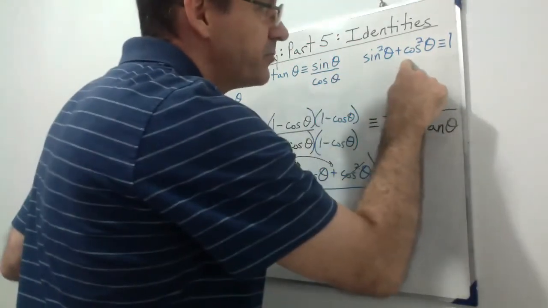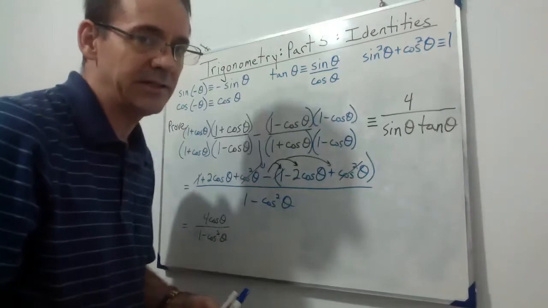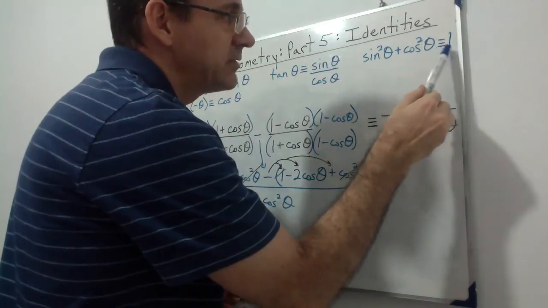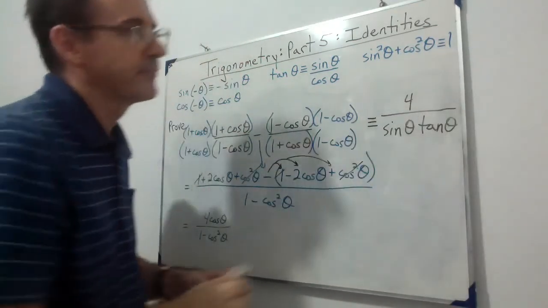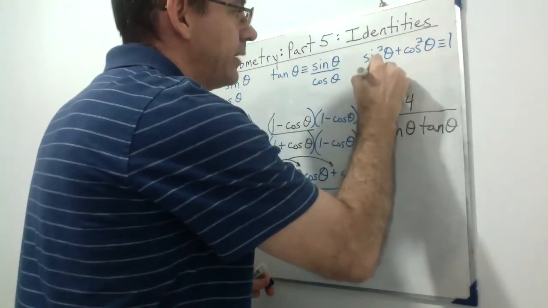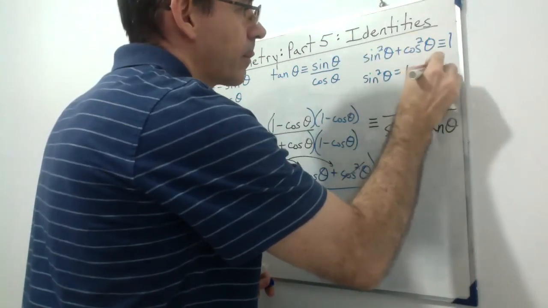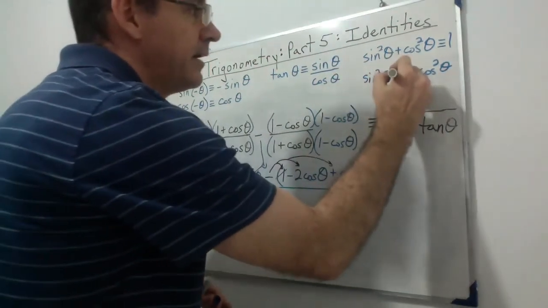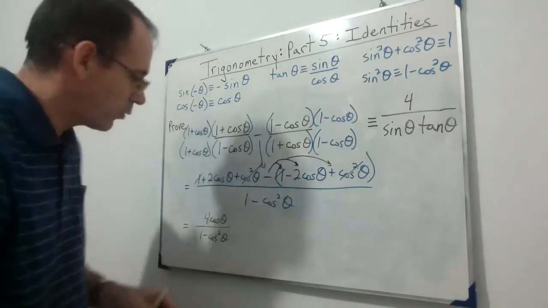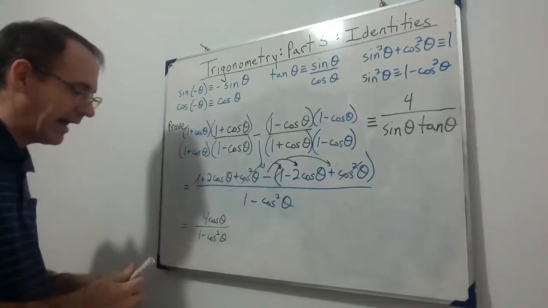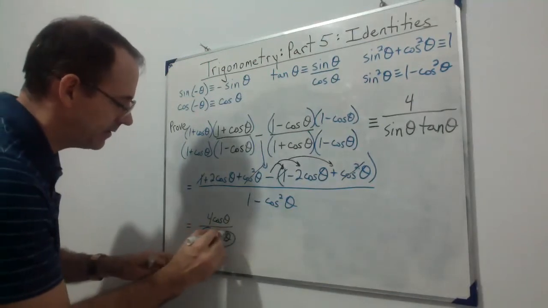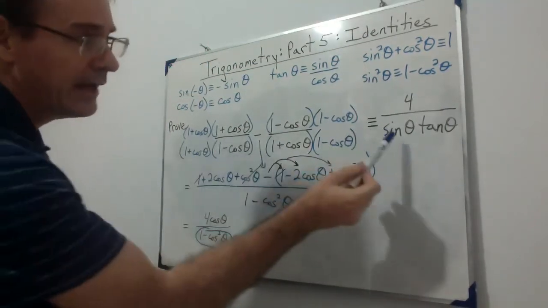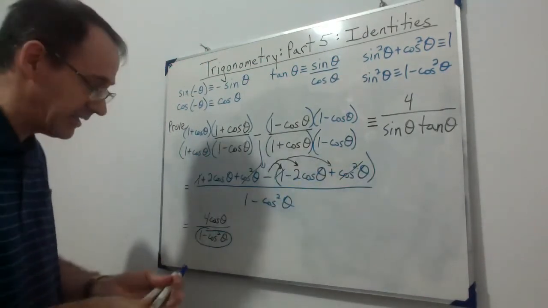If we just subtract the cosine squared to the other side, like we did a little bit ago, sine squared is the same as 1 minus cosine squared, right? So this becomes our identity where we're going to substitute out this right here for our identity and change it into a sine squared. Why? Well, we see a sine over here, so we need a sine to get in somehow.